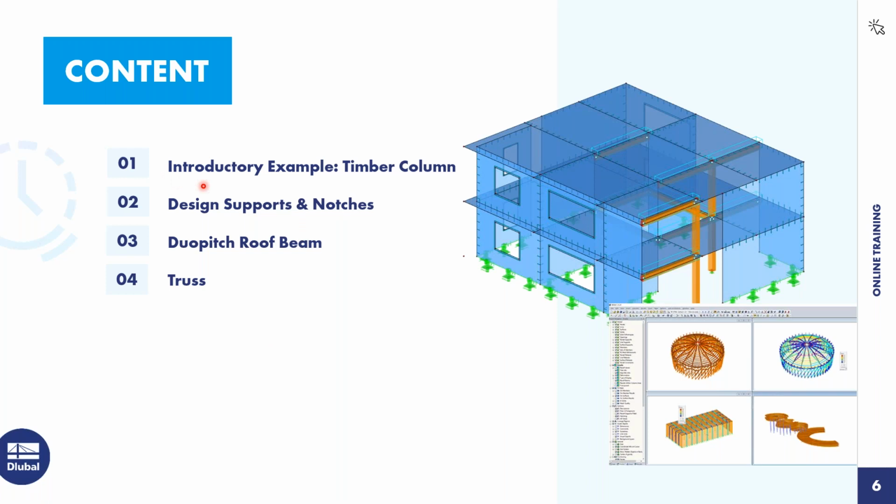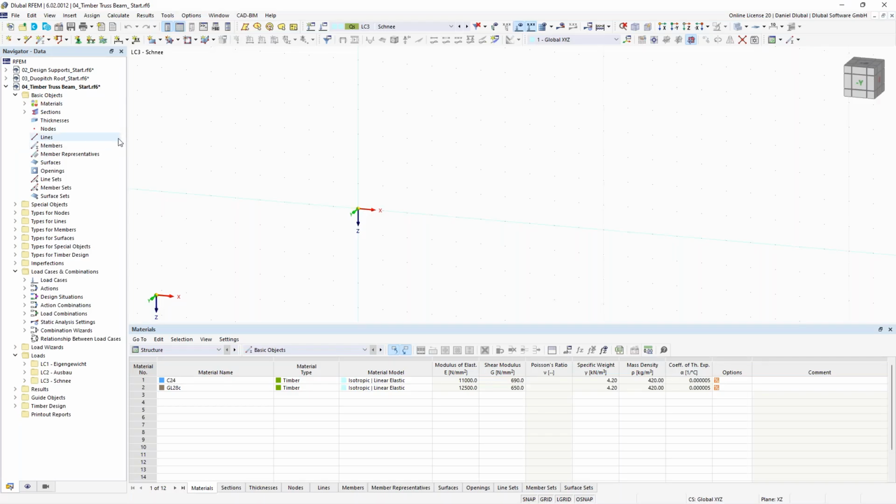The next thing will be the definition of design supports, and I will show you also how to model and create a notch. Then we will design a duopitch roof, and finally we will end this training with a truss in timber. Okay, so let's jump right into RFEM 6.